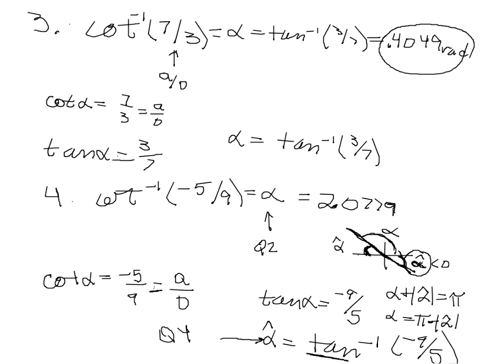But alpha hat is negative, so I don't have to worry about absolute values. I just have to take the answer and add pi, since it's already negative. And that's how I get the answer when cotangent's negative.